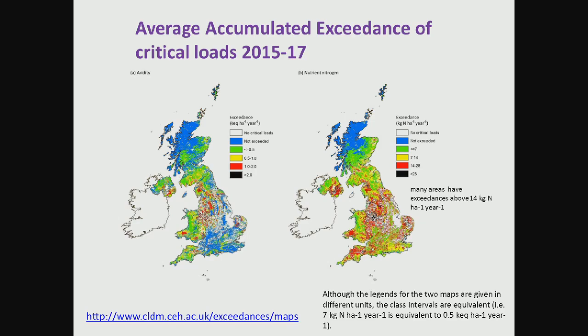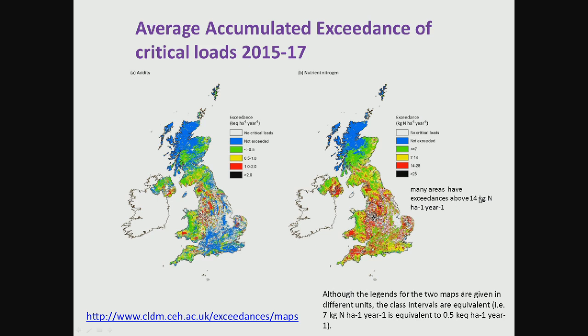So if you look at those exceedance maps for nitrogen, these are the latest ones that have just been released. So this is nutrient nitrogen, and I'm not going to explain why they show acidity, but nitrogen also has an acidic impact if it's in rainwater. But you can see in many areas across the UK exceeding the critical load for that particular habitat.